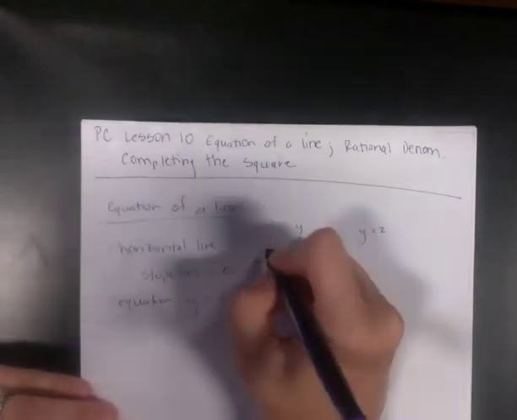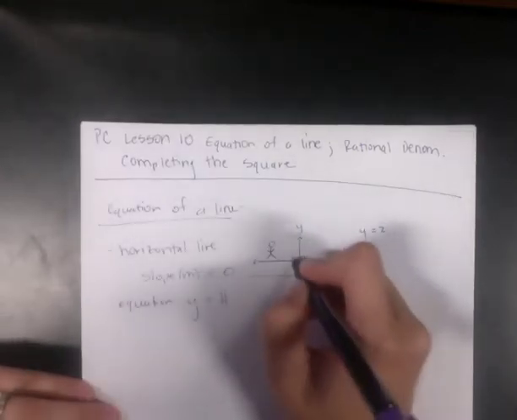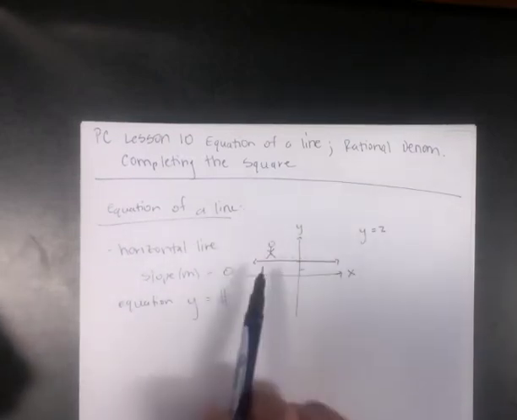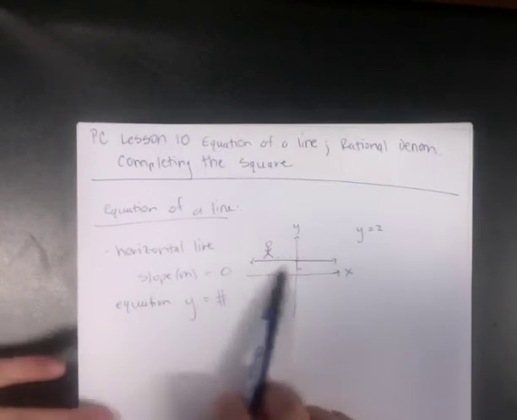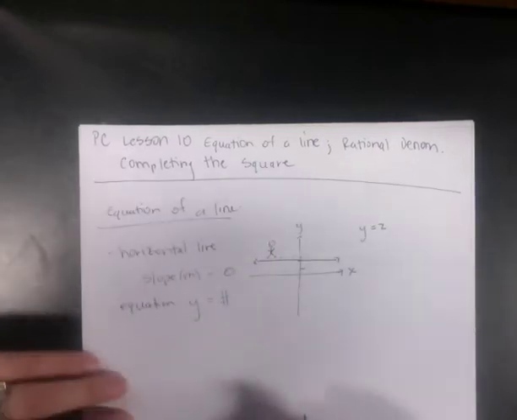If a little man were walking along that line, he would be walking flat across the horizon. Slope is 0. There's no incline, there's no decline.